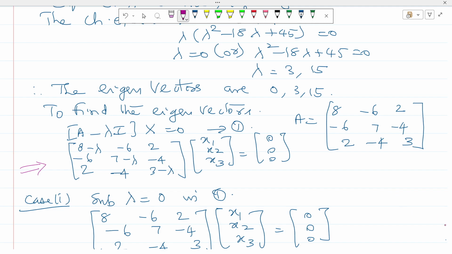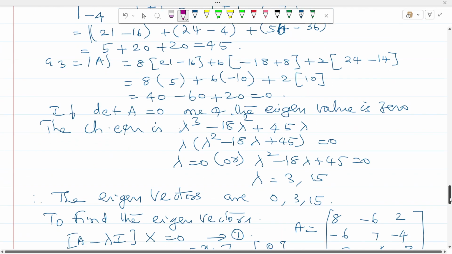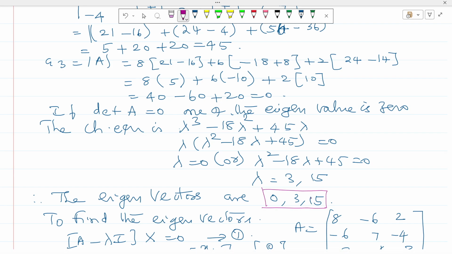Okay, and then after finding this, you have to verify that the sum of the eigenvalues is the sum of the diagonal elements, that means equal to a1. And the product of the eigenvalues is equal to the determinant of A. You have to verify this.